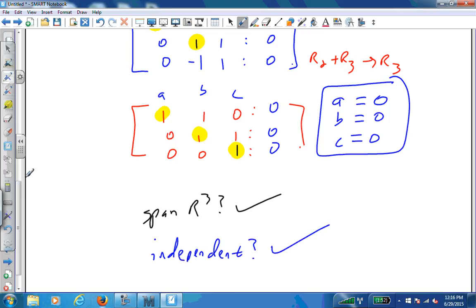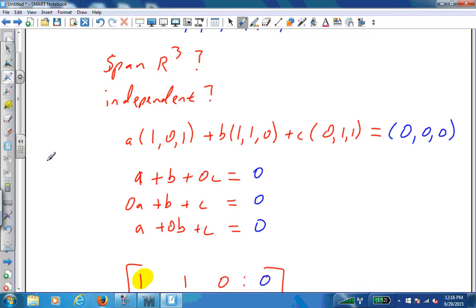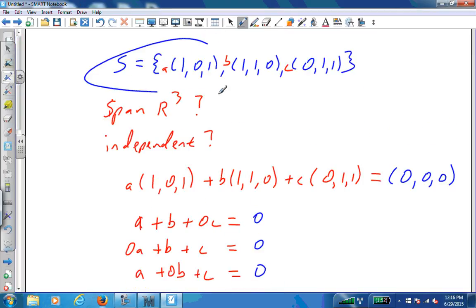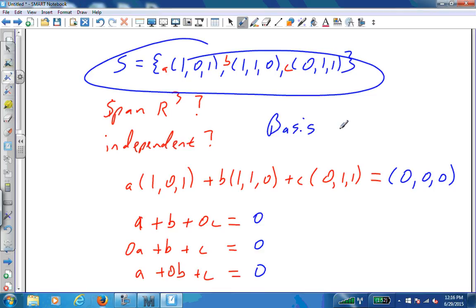So since these three vectors span R3, and since they're independent, then they do form a basis for R3. It's not the standard basis, but they do form a basis for R3. Any vector can be formed out of those three, and they're independent.